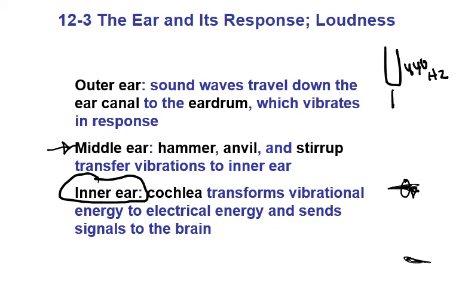It turns out there are little hairs in there that resonate with 440, and that don't resonate with others. So as it goes through, only these hairs are going to resonate, and as they resonate, they'll send electrical signals to the brain, and then your brain will perceive that pitch. It won't know 440, but you'll perceive 440 as you hear it.